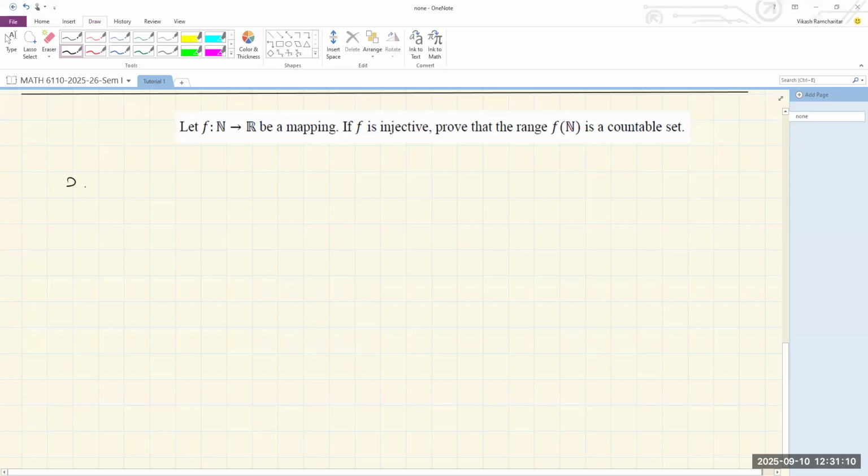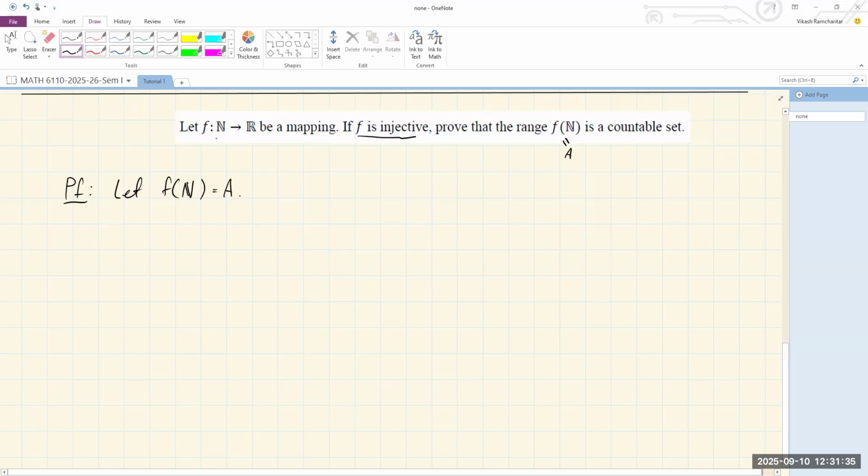So proof. I'm just going to call this set, the range, A. So our target is: if f is injective, I need to prove that A is a countable set.